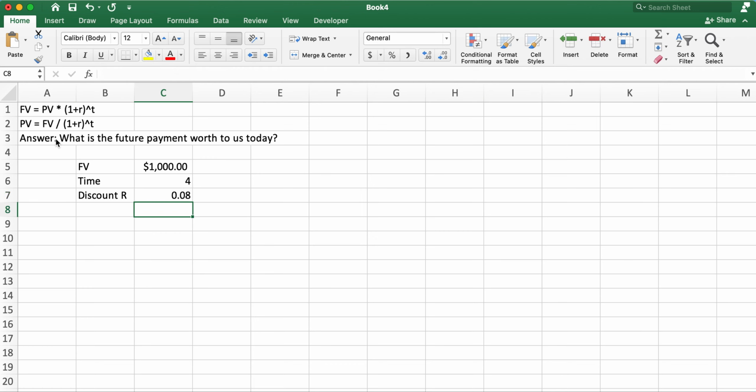Our present value then becomes 1,000 divided by 1 plus our interest rate to our time period. And we'll generate $735.03. It is going to be a lower value because we are discounting back that cash flow from the future.